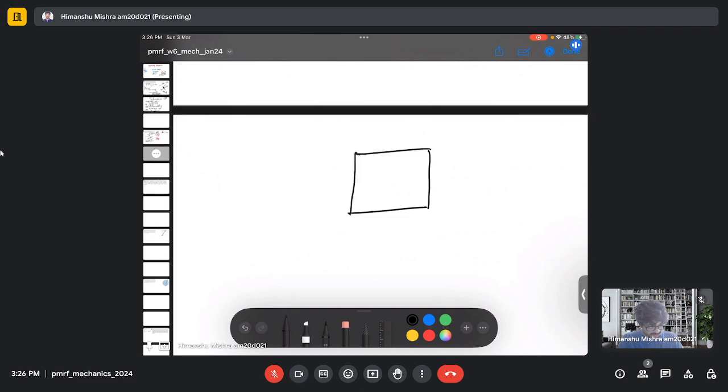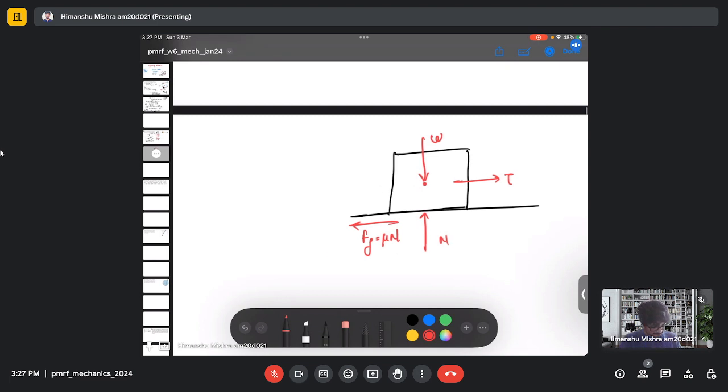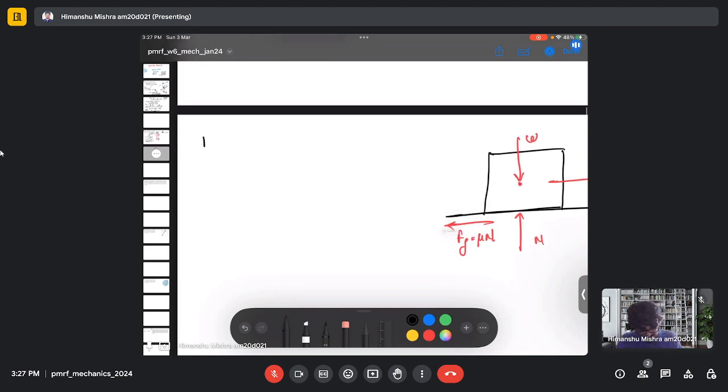So, for example, let's make a free body diagram first. This is my weight, this is my normal reaction, this is my friction force, and this is the tension force. If I do the force balance analysis in the vertical direction, the acceleration in the vertical direction is zero, so the summation of force in the vertical direction equals zero.